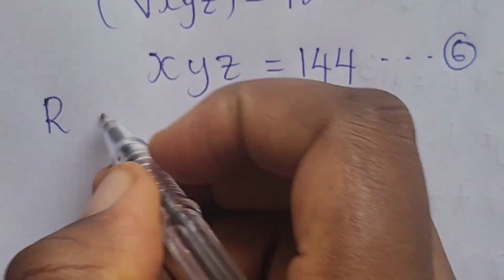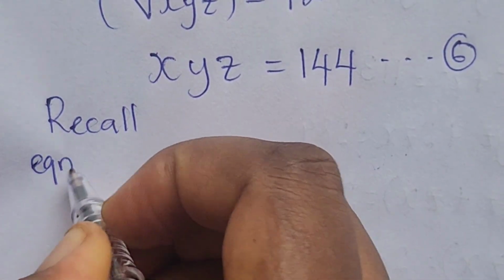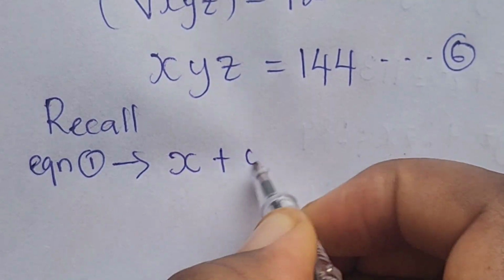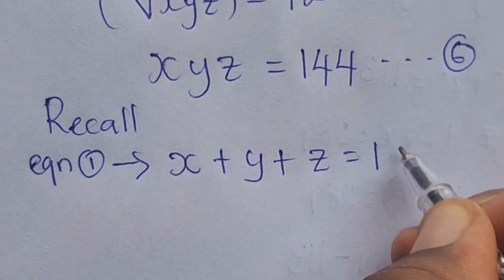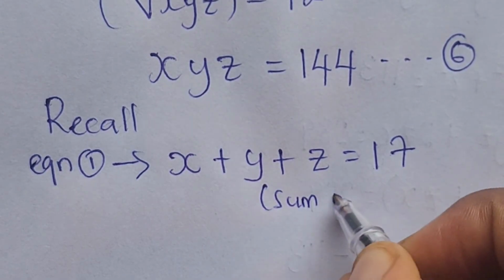Now let's remember the equations we've gotten. We have equation 1, where x plus y plus z is equal to 17, and this is the sum of roots.